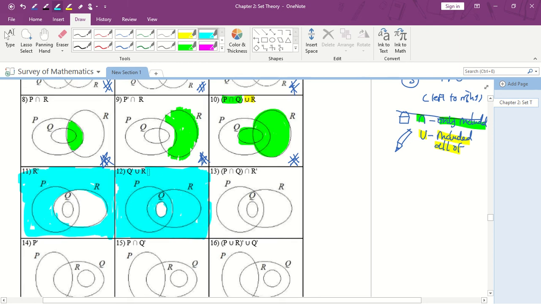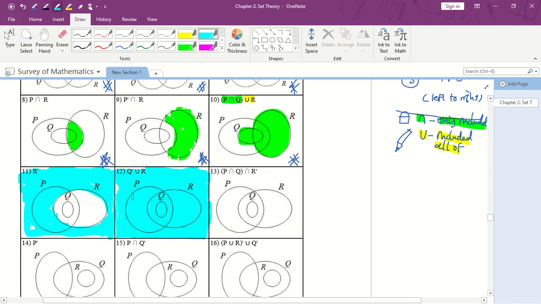And next, Q prime, and here it says union R. What does it mean by union R? Union R means that you need to fill up. Union means include all of the R. You see, Q prime union R, include all of the R. So you need to include all of the R. This is the whole thing R, right?